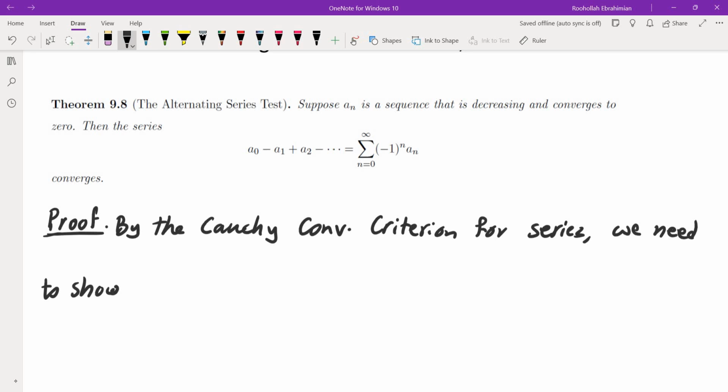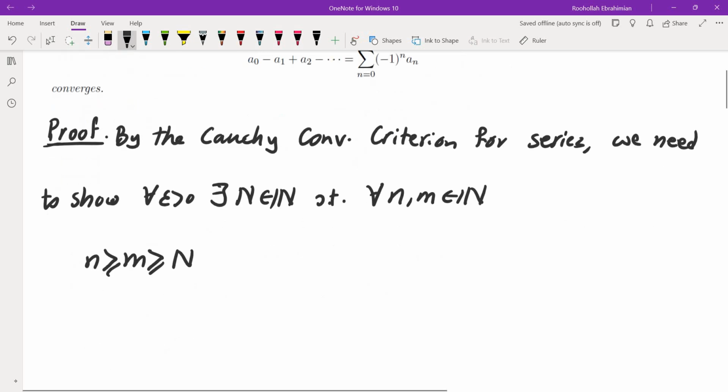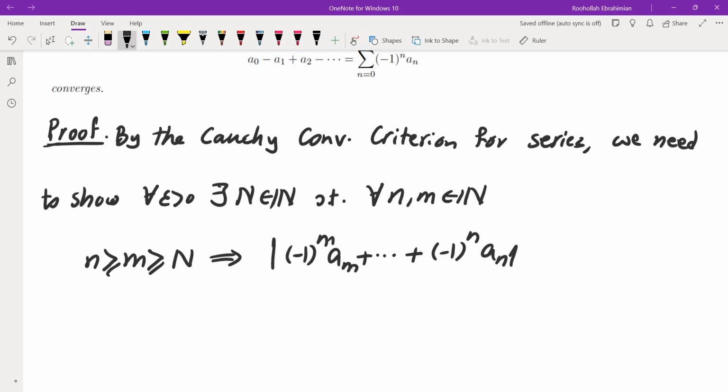We need to show for every epsilon positive, there is a capital N in the natural numbers such that for every n and m greater than or equal to N, where m and n are integers, the partial sum from m to n, (-1)^m a_m all the way to (-1)^n a_n, has absolute value less than epsilon.